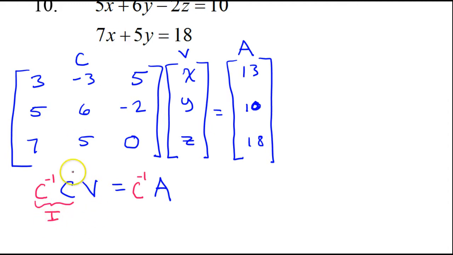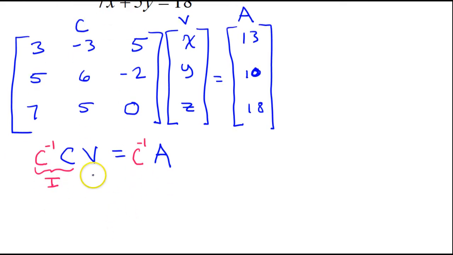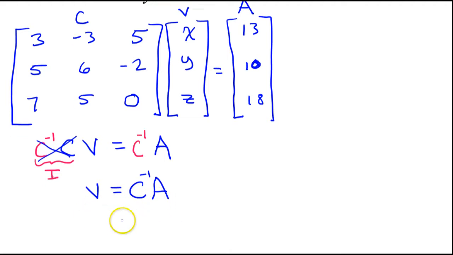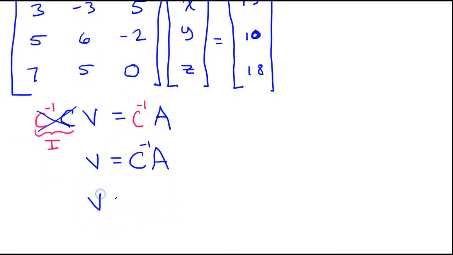The identity matrix, when you multiply it by another matrix, gives you the same matrix back. It's sort of like multiplying by 1. So essentially these are gone, and I wind up with matrix V equal to C inverse times matrix A. This is the expression that we will use to find matrix V.